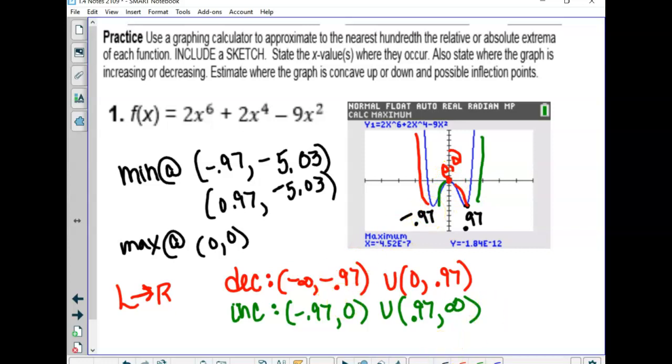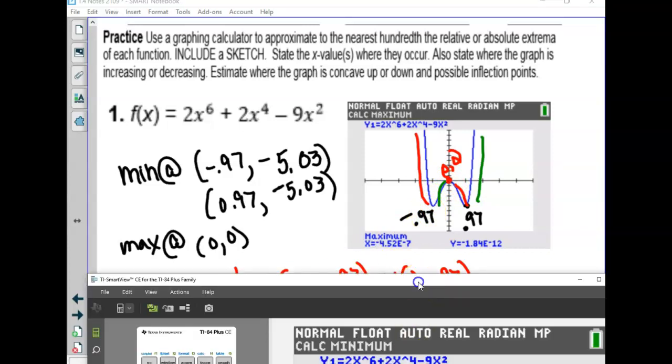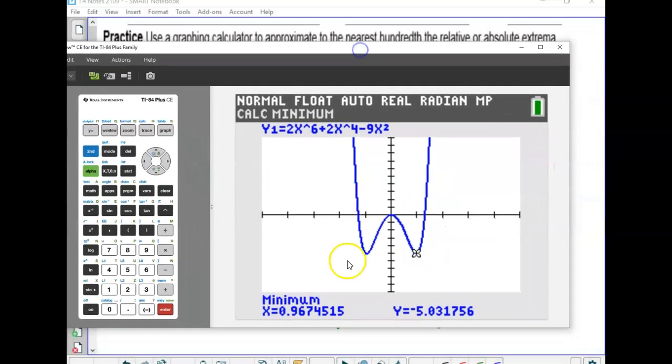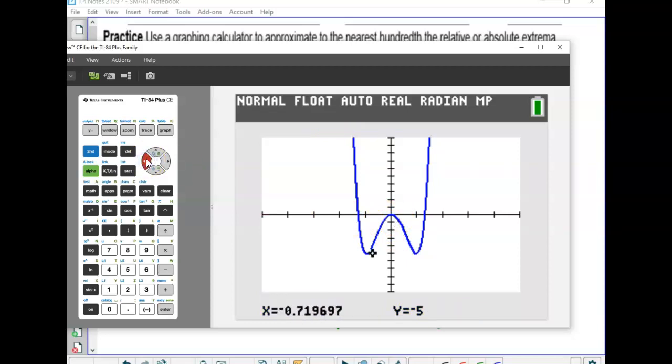If I go back to my calculator, somewhere in between this minimum down here and this maximum, I need to find, what do you want to pick? -3? What were the x values, guys? 0 and -0.97, right? What's somewhere in between there? -0.5 or something?